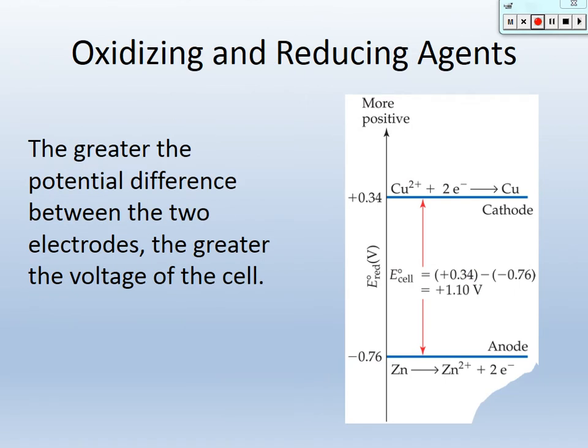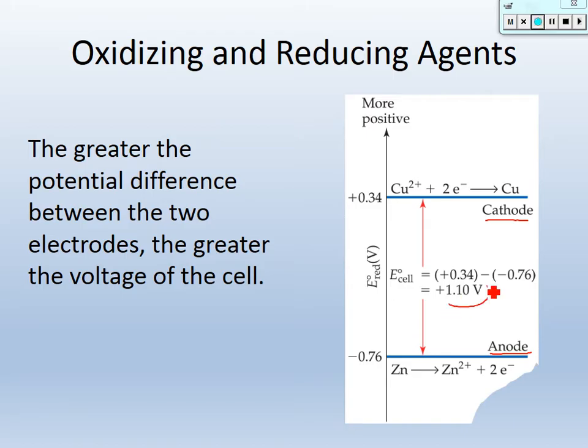This slide says the greater the potential difference between the two electrodes, the greater the voltage of the cell. If we relate it to the waterfall, the higher the waterfall, or in this situation, the bigger the potential energy difference between the cathode and the anode of your electrochemical cell, the more voltage you will produce.